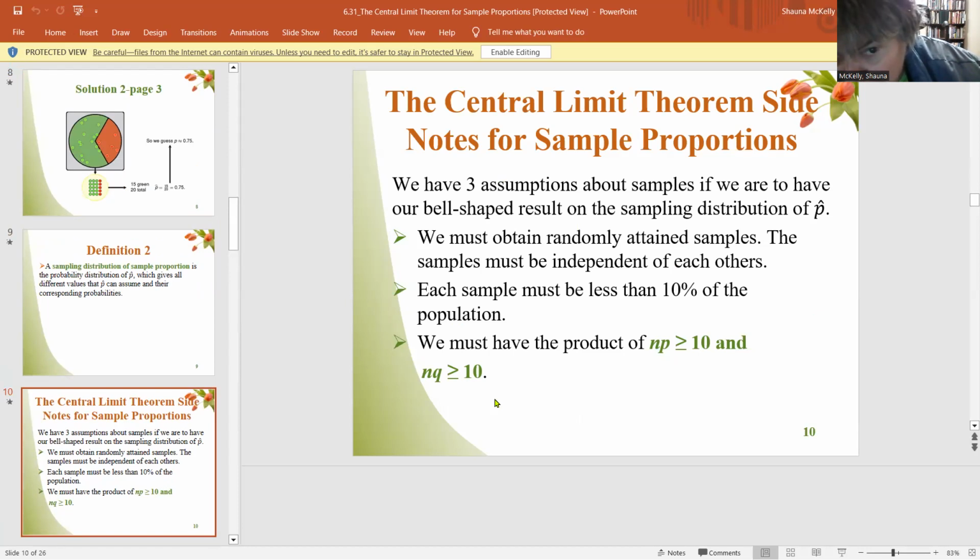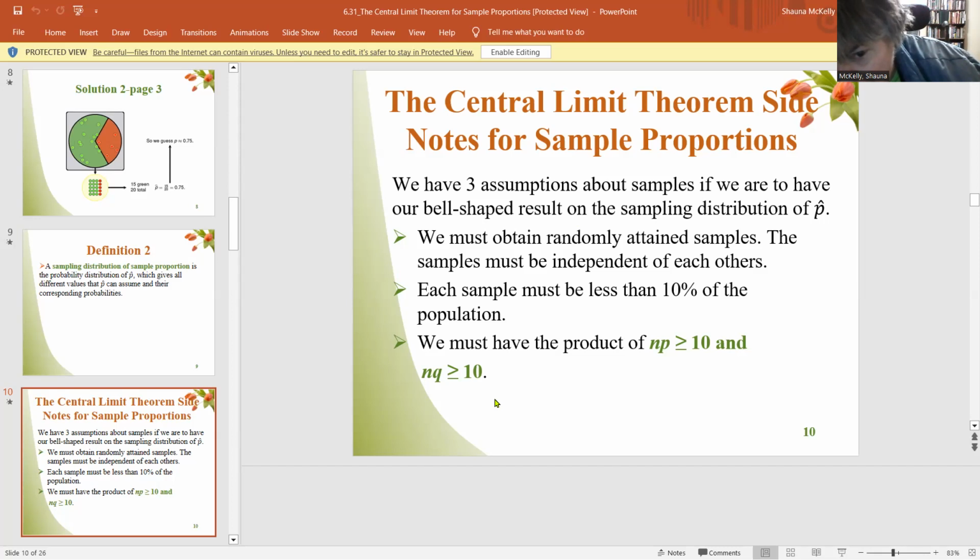So the assumptions are on slide 10. The central limit theorem, the assumptions. We must obtain randomly attained samples. That means you're going to look for the words simple random sample, random sample. That's going to be stated to you in the problem, but it needs to be stated.